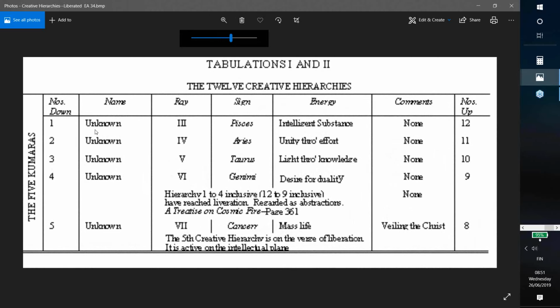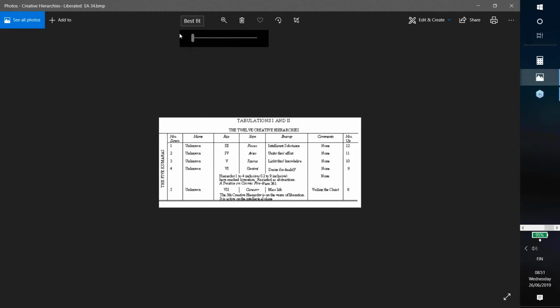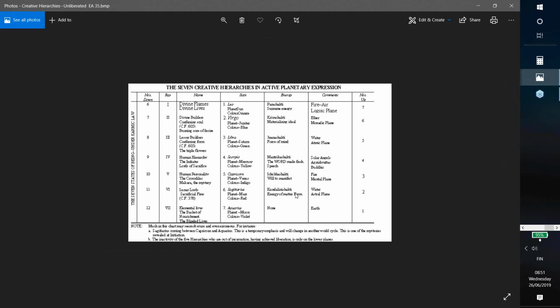And when it says 1, 2, 3, 4, 5, we're not talking about the 1, 2, 3, 4, 5 of the next tabulation, which would be this. We're not talking about this 1, 2, 3, 4, 5, which is on the cosmic physical plane.